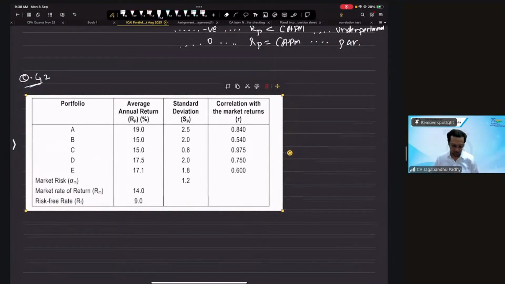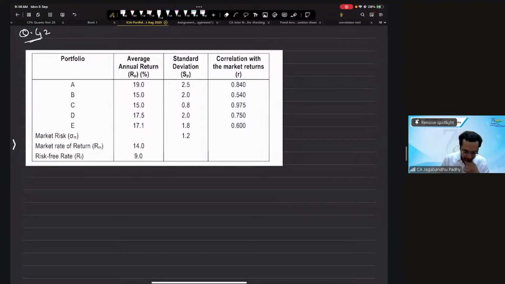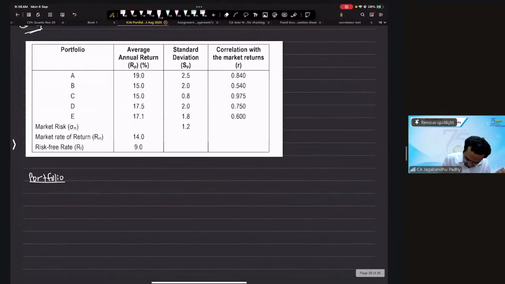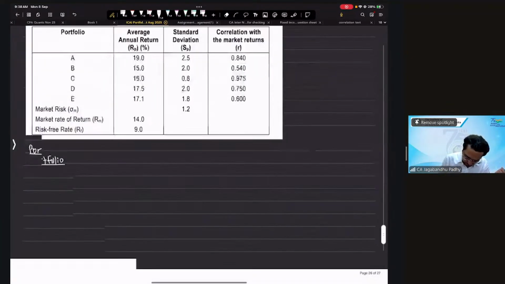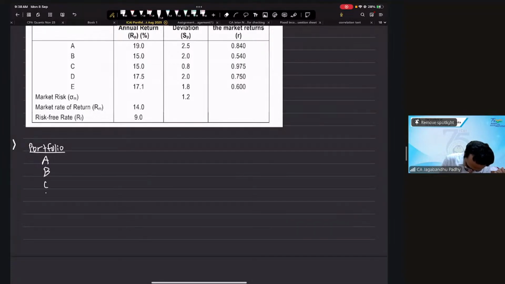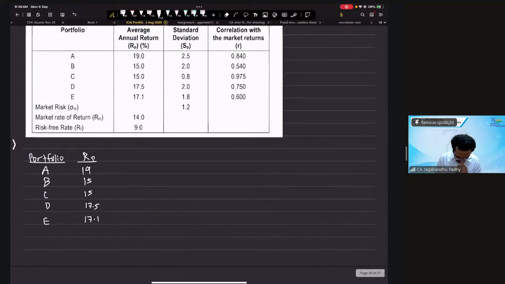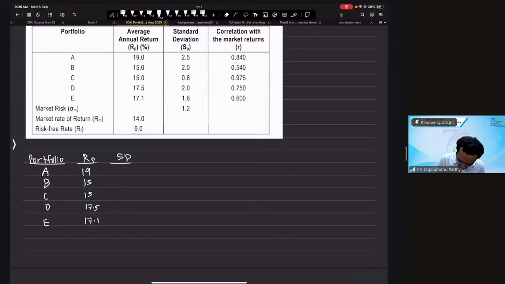We have portfolios A, B, C, D, E. The return of our portfolio is 19, 15, 15, 17.5, 17.1, and standard deviation is 2.5, 2.8, 2, and 1.8.